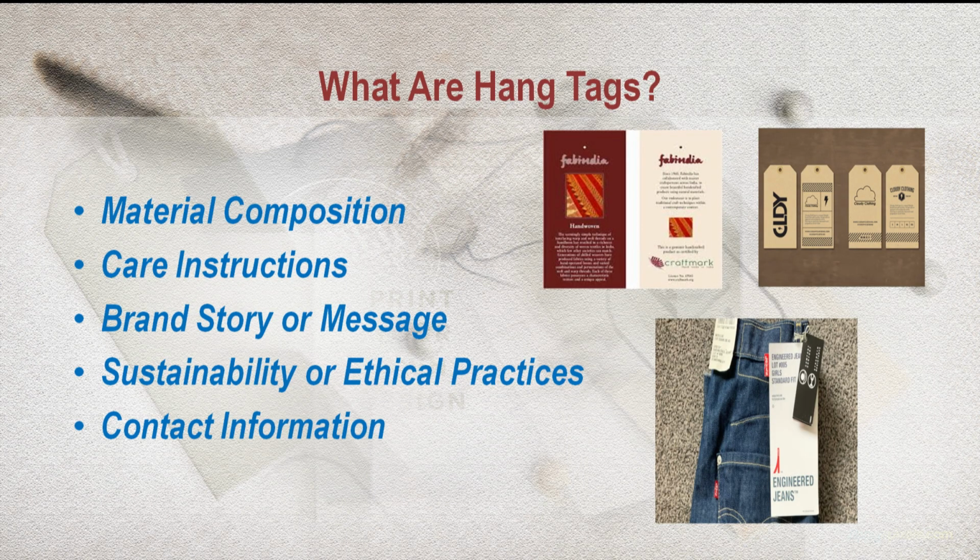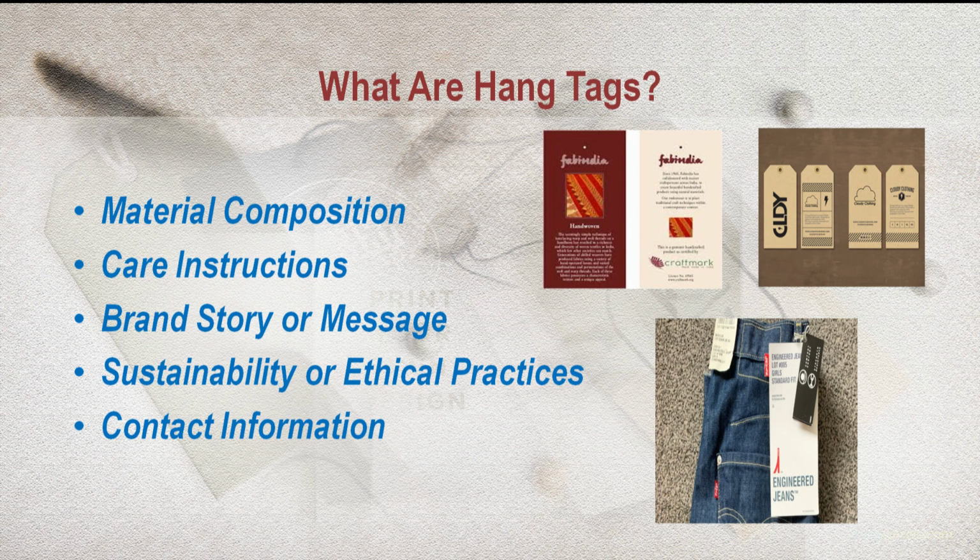Suppose it is a garment, it will be mentioned that it is pure cotton or a blended fabric. Care instructions, like if that product needs any special care, that instruction will be given on that particular tag. Brand story or messages, like some brands give a small story about creating that product or about their brand. They explain some story that will also be mentioned on the hang tags.